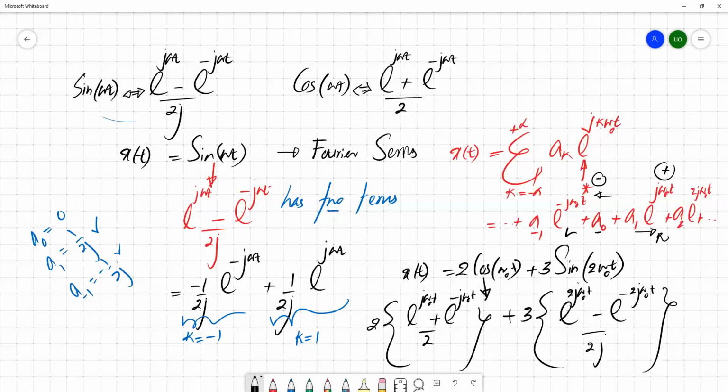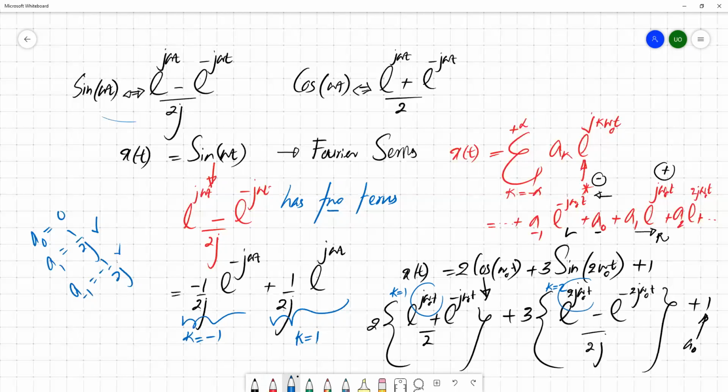So it means you can bring this one to the right hand side. Here we don't find any kind of constant. For example, if it was plus 1, so I have plus 1 here, then this is the constant, and this will be the actual A0. This contributes to the k equals 1 case, this contributes to k equals 2, this contributes to k equals minus 1, and this contributes to k equals minus 2.